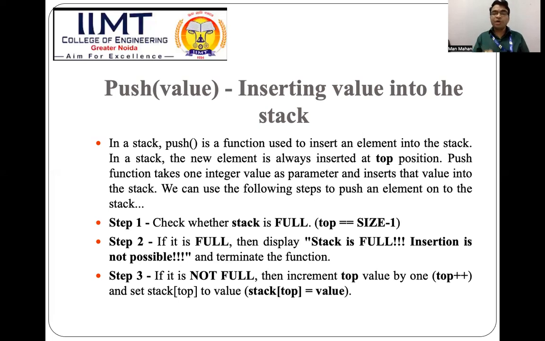When inserting the value, first of all, we increment the top value, top equal to top +1, and then after incrementing the top value, we insert the new data item into the stack using this step: stack[top] equal to value.